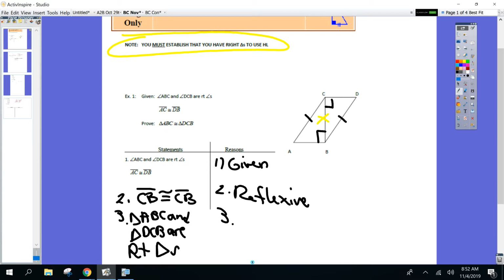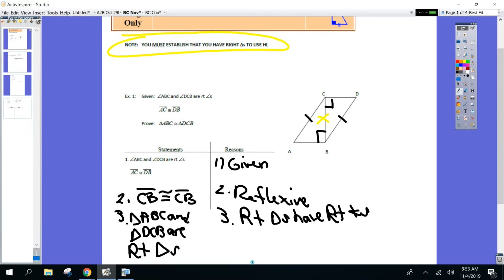Now let's talk about the reason. What in the diagram says they're right triangles? Okay, so we're going to write right triangles have right angles. That's why you need to say you have right angles. Okay, so does everyone see what's needed up there before I actually say they're congruent?